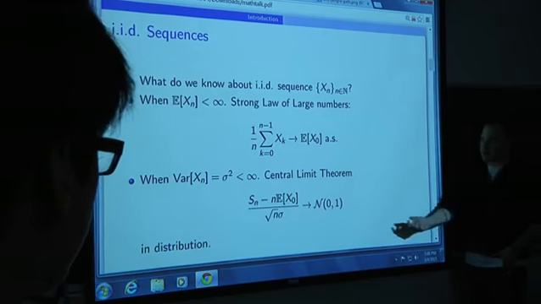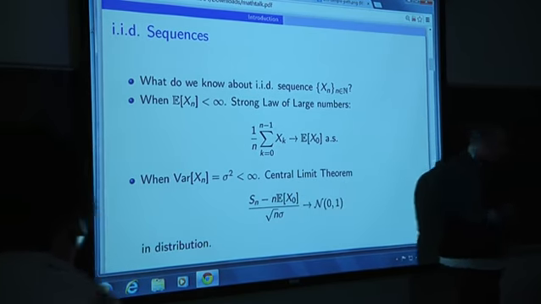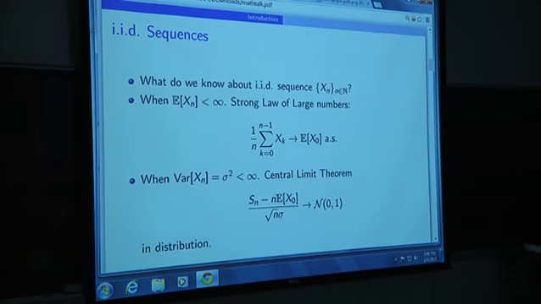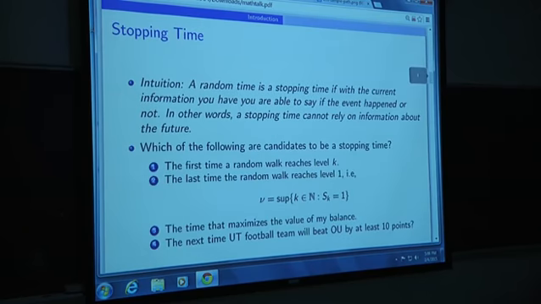It means that the distribution of this empirical average, when I scale properly, converges to a normal distribution, N(0, 1). So those are very simple facts about IID sequences of random variables.